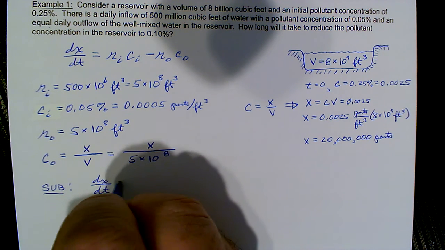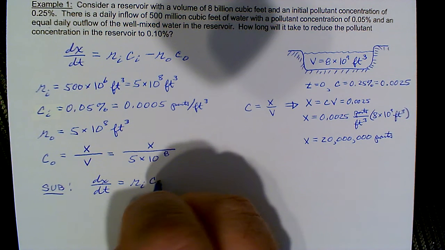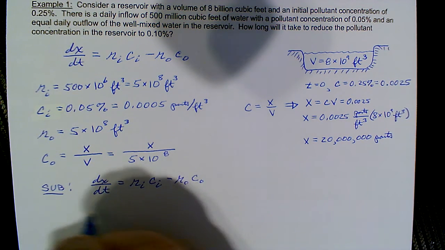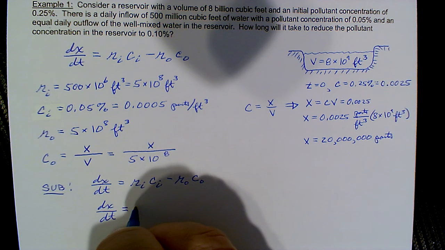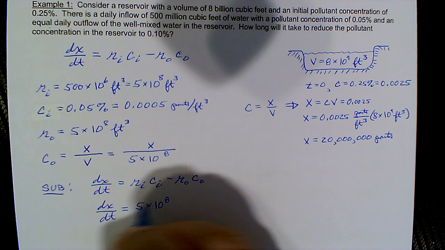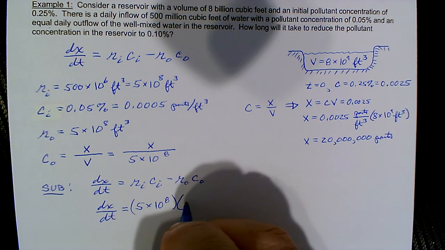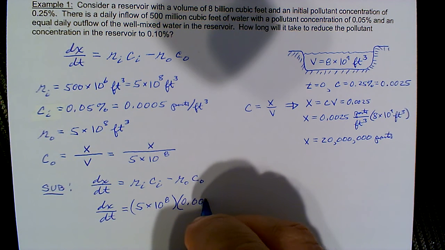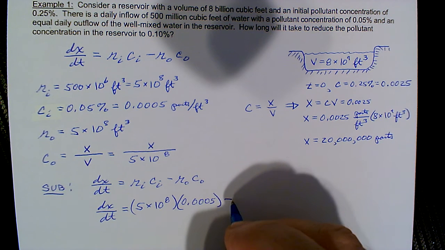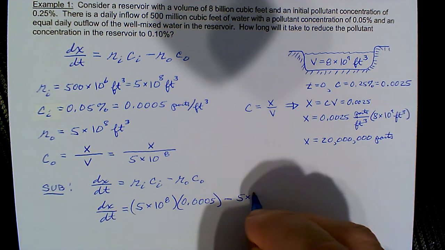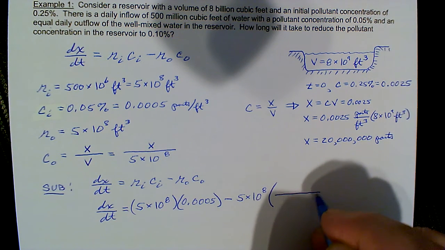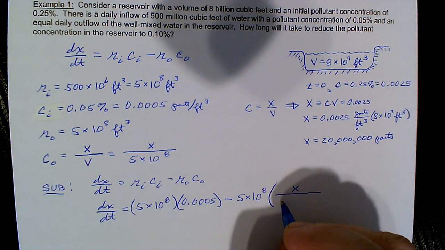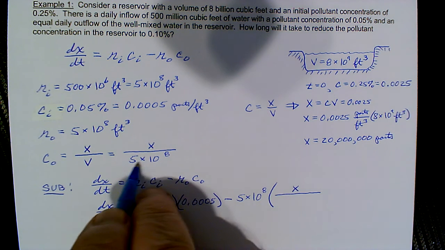Okay, so I'll reiterate it here. dx dt is r sub I c sub I minus r sub o c sub o. So that'd be r sub I, 5 times 10 to the 8th, times concentration in 0.005, minus r sub o, 5 times 10 to the 8th, times the concentration coming out, which again is variable, x over, oh, I'm sorry, the volume.